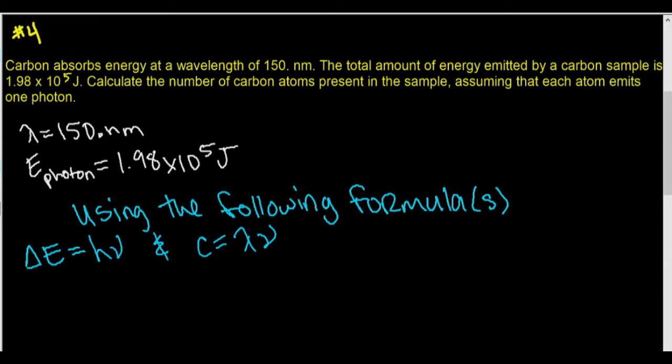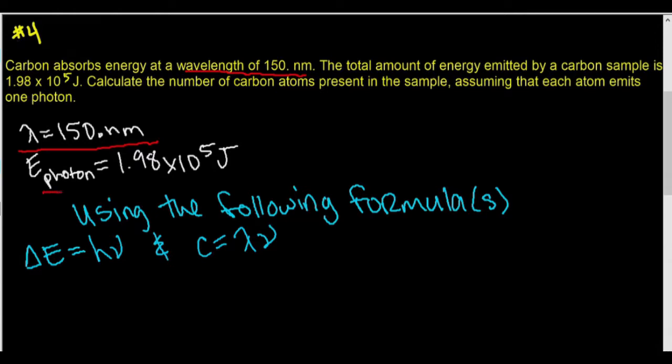So, yeah. Okay. So this is number 4 on the yellow sheet, and it says carbon absorbs energy at a wavelength of 150 nanometers, and that's your lambda right there. The total amount of energy emitted by a carbon sample is 1.98 times 10 to the 5 joules.